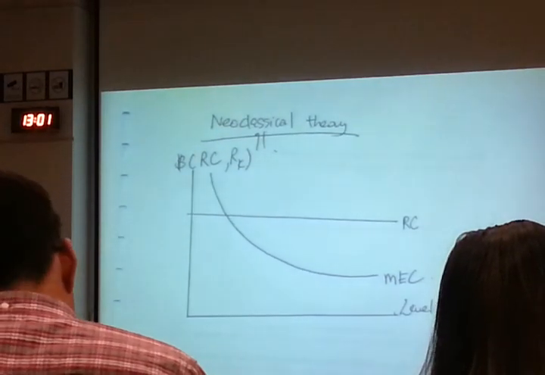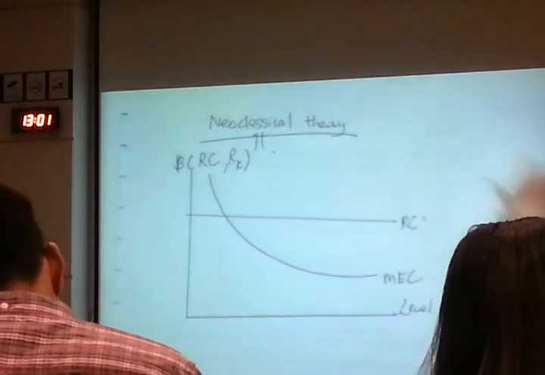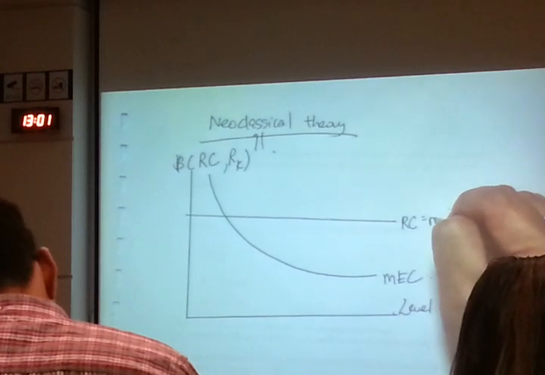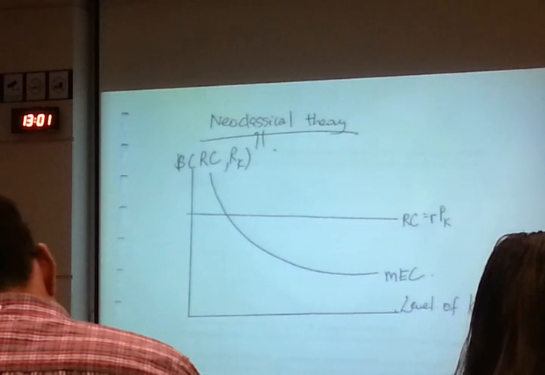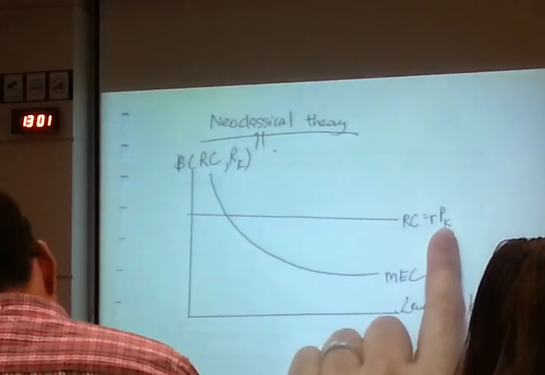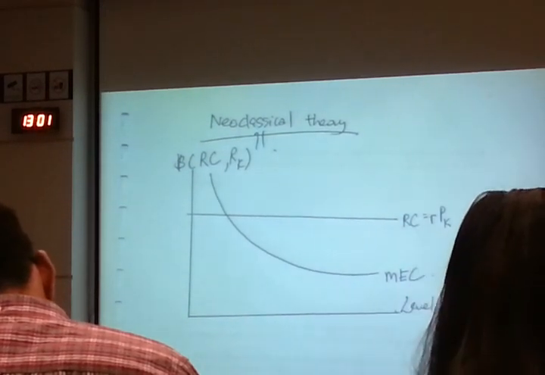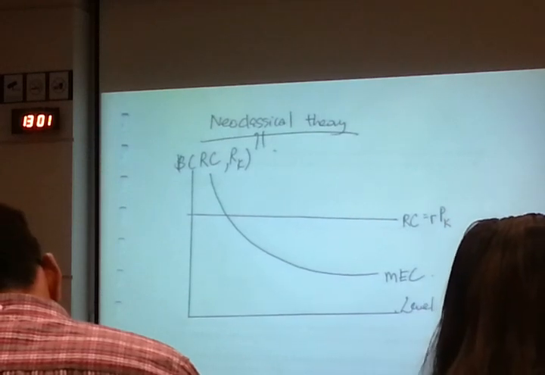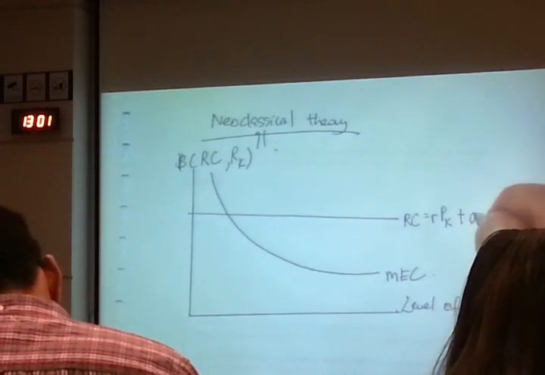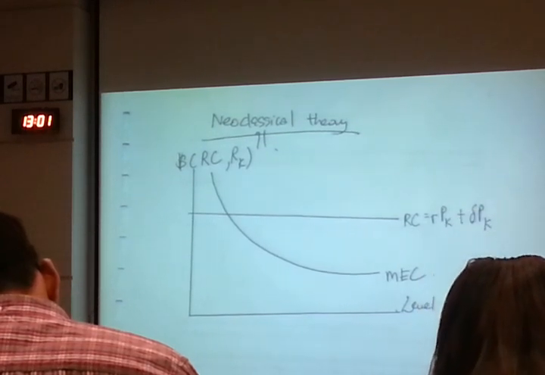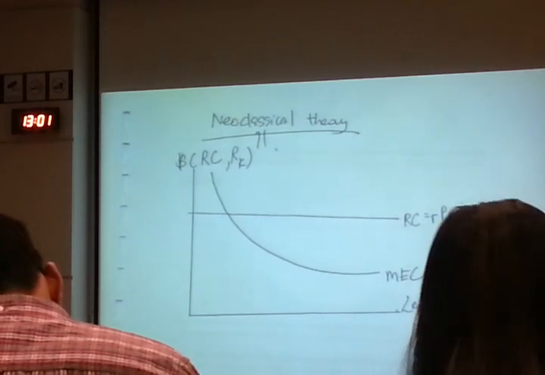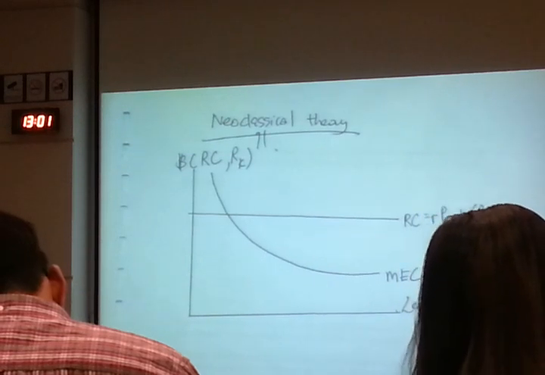This cost curve is looking at the interest payable on the loans you get, R times PK. The machine costs you PK dollars, you borrow money, you pay interest R. The machine is subject to wear and tear, depreciation, which is a percentage of the value of the machine. This is the cost of owning the machine.